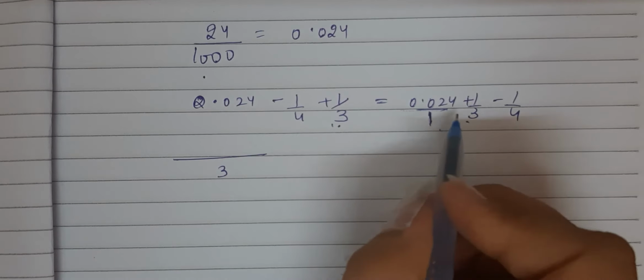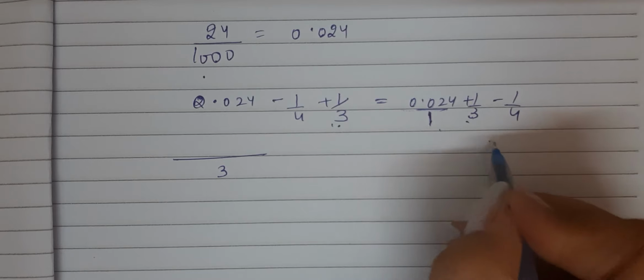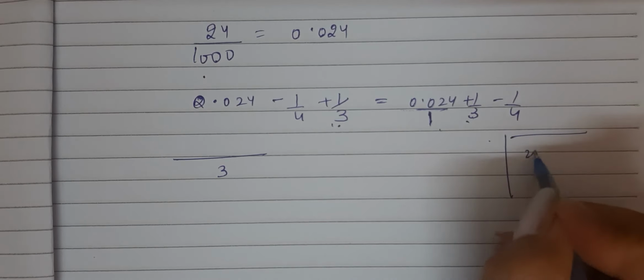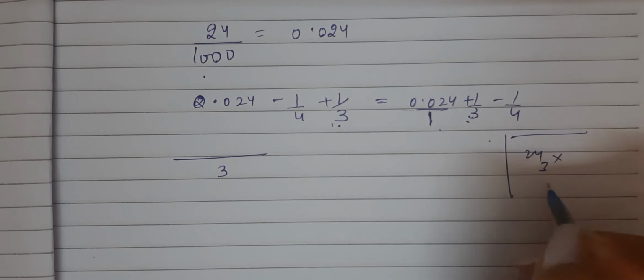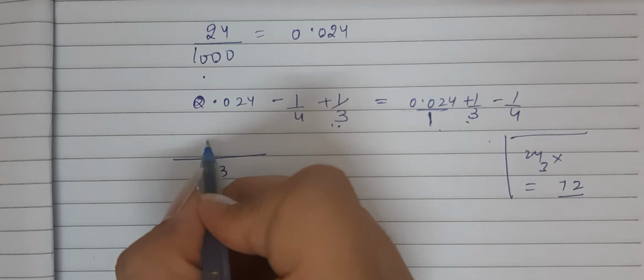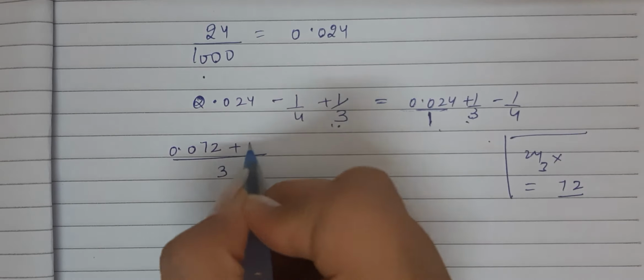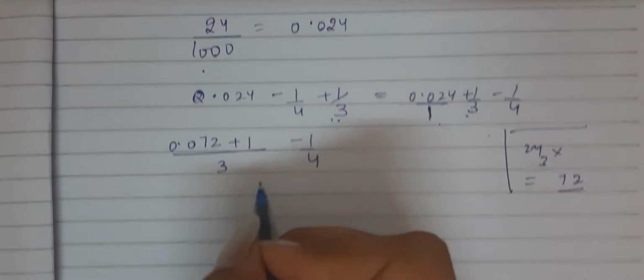So if I multiply 0.024 into 3, first of all multiply 24 by 3. 24 into 3, the answer will be 72, and I will just put the decimal. So 0.072 plus 1 minus 1 by 4.